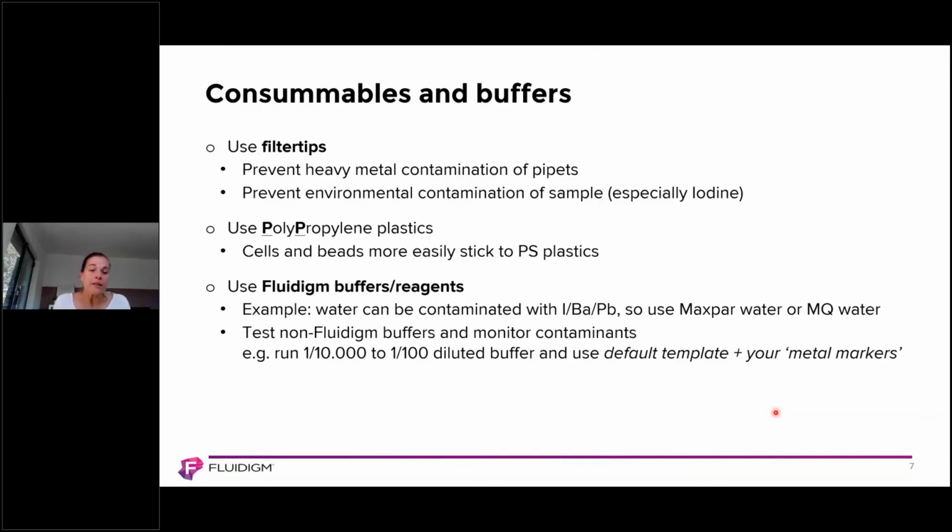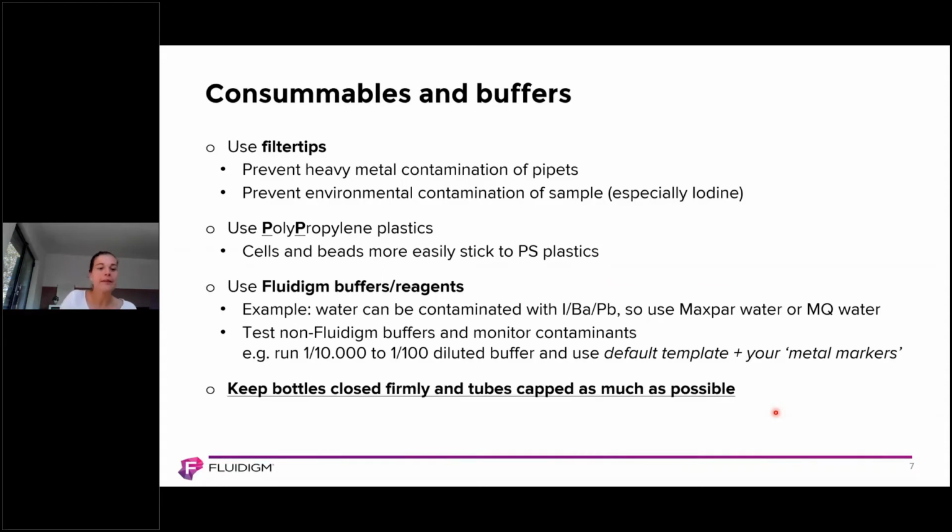The different contaminations can come from everywhere, because the metals that we are looking at are really present in the crust of the earth, so you can have a lot of barium everywhere. Just be careful of that. Something really crucial: always keep your bottles closed because, as I said before, barium is everywhere and it's in the air, so if you leave your bottles open, all the barium and contaminants can get into your bottles.